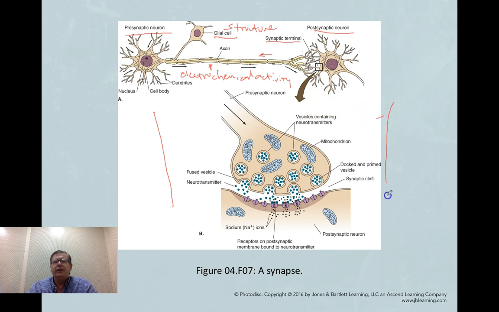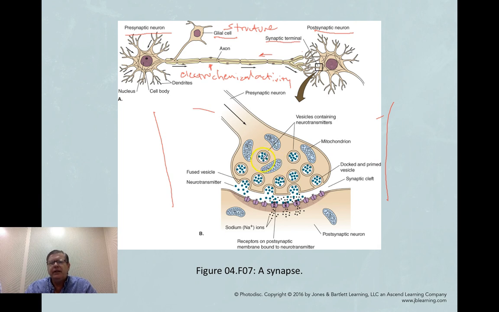So if we take a look at B, we'll see that the presynaptic neuron is feeding through the axon to this final point. And within the axon, we see a number of different features. So this is actually zoomed in several hundred times to show you what's happening at the postsynaptic and presynaptic junction.